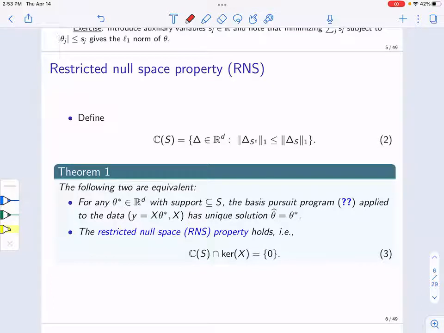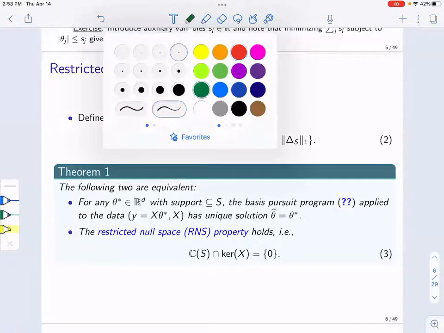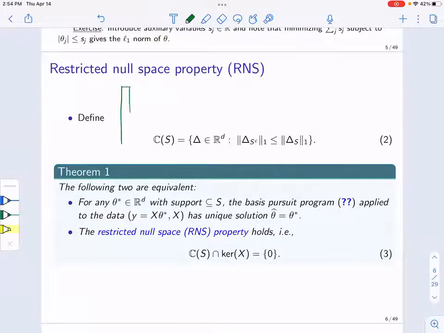So let's define the set of all delta such that the L1 norm of delta S complement is less than or equal to the L1 norm of delta S. Here delta is a vector in R^D. The notation I'm using partitions it into two pieces, S and S complement.